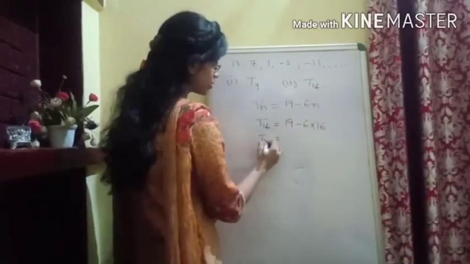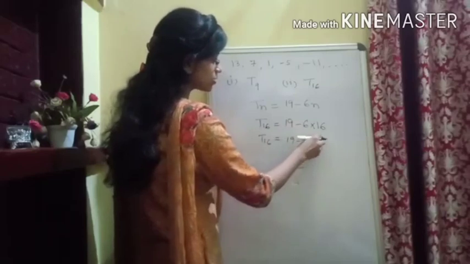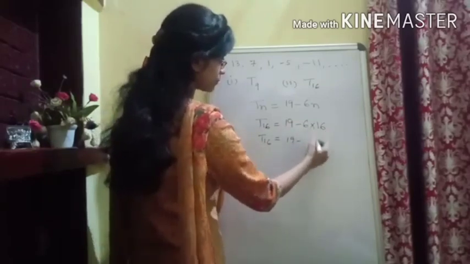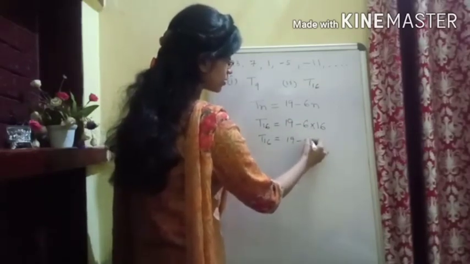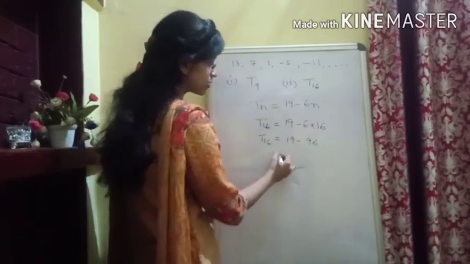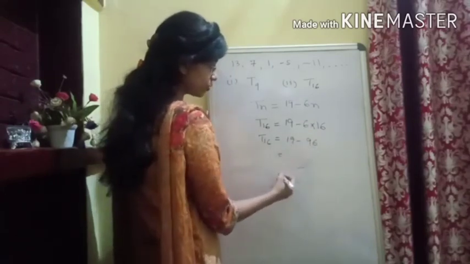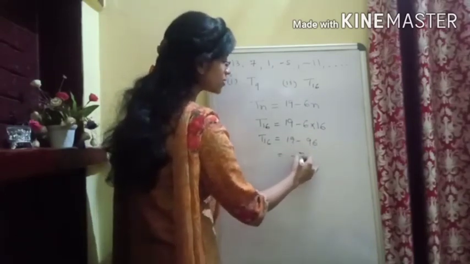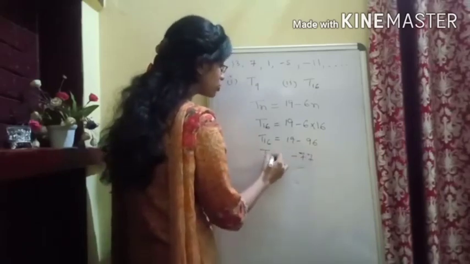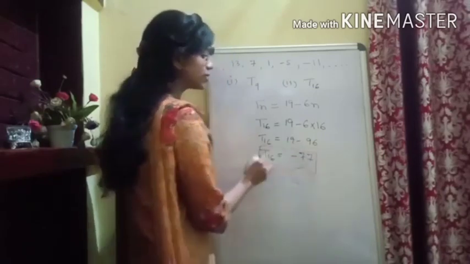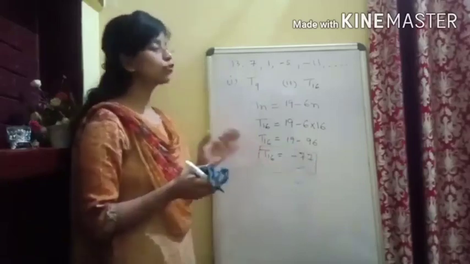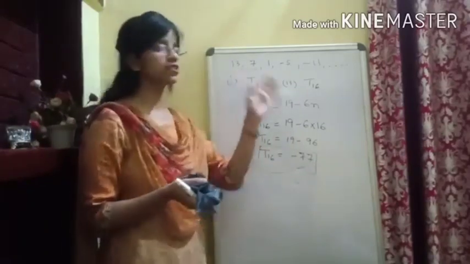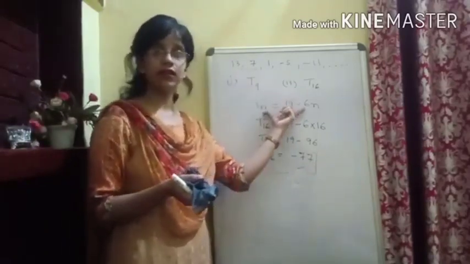So 6 times 16 is 96, and then when you subtract, that will give you minus 77. So your 16th term would be minus 77. That's how we have calculated the ninth term, the 16th term and the general term.